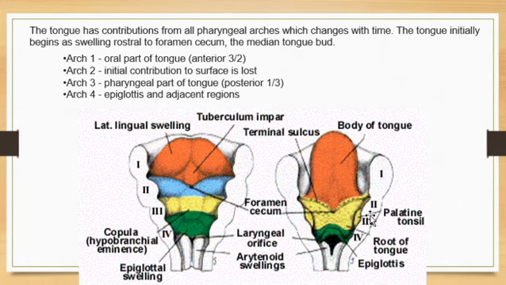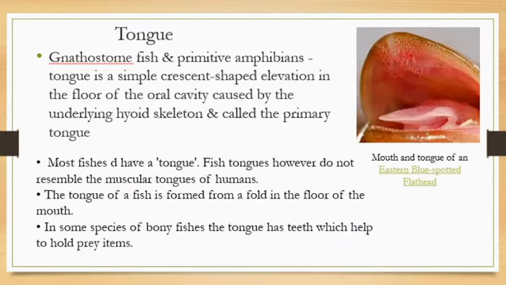Then arch 3 will develop into the palatine tonsil, shown in the yellow area. Then the green will transform into the epiglottis and part of the larynx. So that is the fate of the pharyngeal arches during embryonic development.